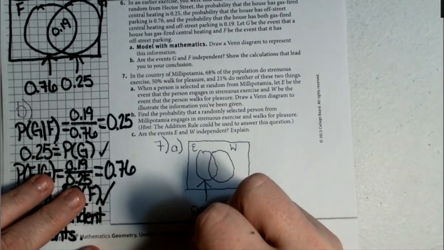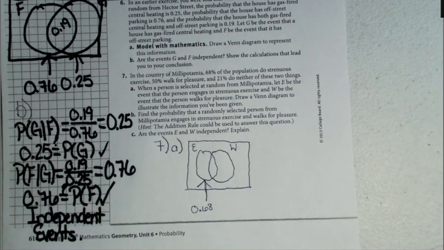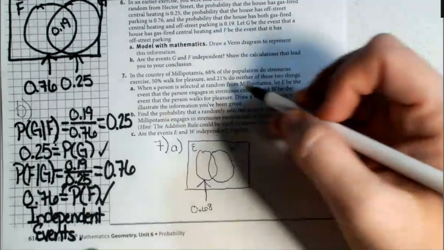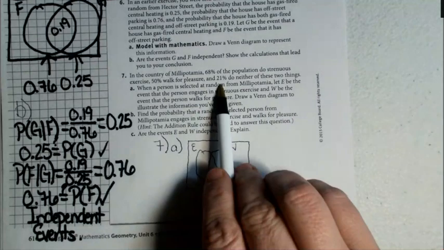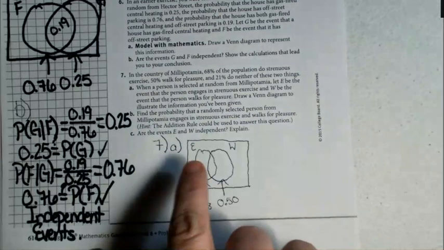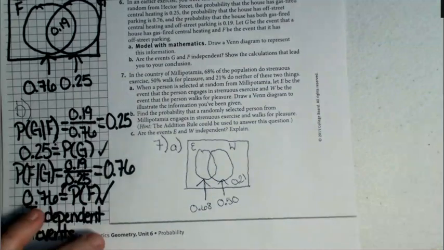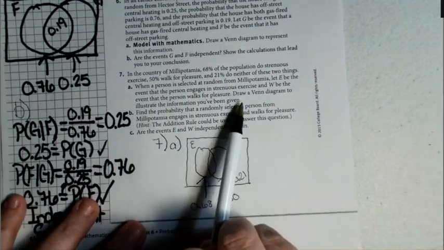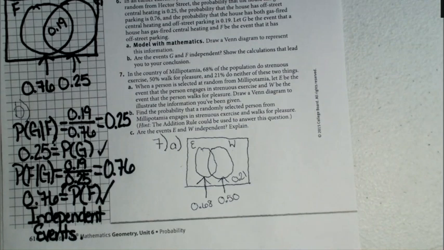So we know that this whole circle equals 68%. W is 50% for pleasure. This is going to be 0.50. And 21% do neither of these items, so they're going to be in the box but outside both of the circles, 0.21. So here is my Venn diagram.